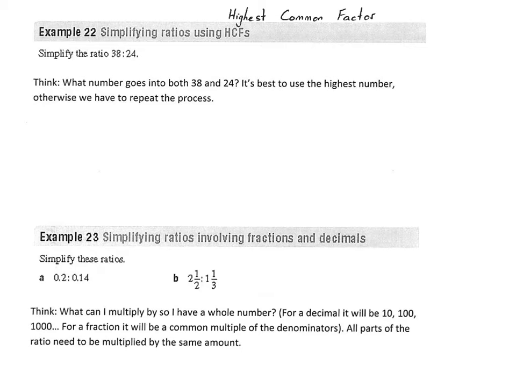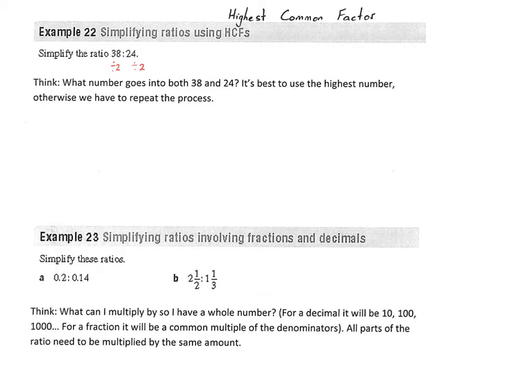You might recognise that both numbers are even, and so a common factor of both of them would be 2. We take our 38 and divide it by 2, and take our 24 and divide it by 2.